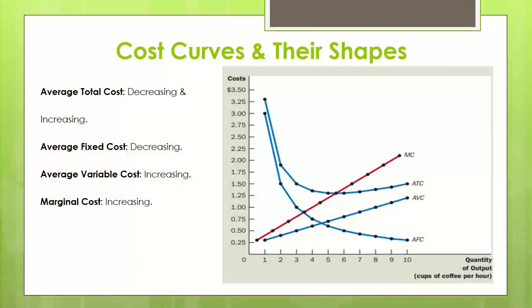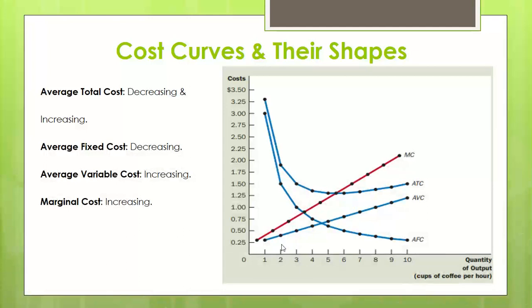If Q, the quantity of output, tends to increase, as you look at the horizontal axis, then average fixed cost becomes smaller.